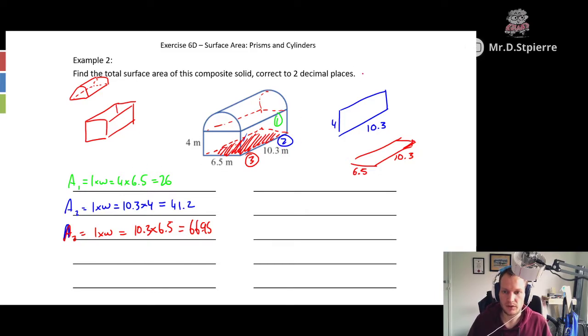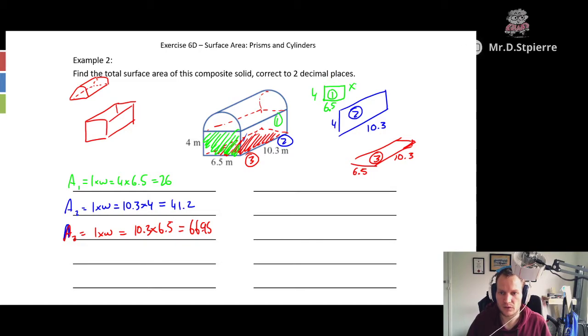Okay, so what do we have? Let me just make sure it's clear. That's called 1, that's called 2, that's called 3, and 1 was the front bit there. That was 6.5 and 4.